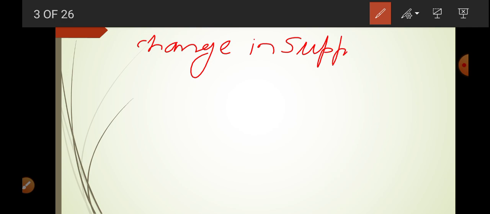What is written here? If I explain in my own language, change in supply means what?